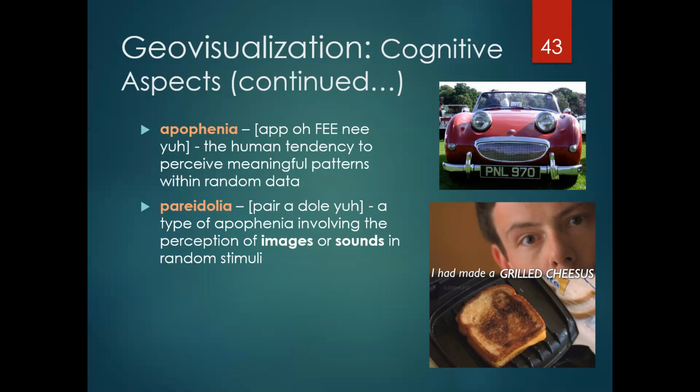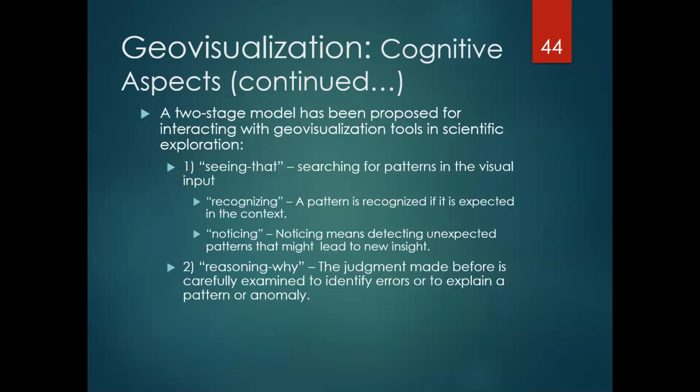to visualizations. You have to make sure that your visualization is not misleading them. That is not something you want. And we have this two-stage model for interacting with geovisualization tools in scientific exploration. When people are looking at a geovisualization, the first step is that they will always try to search for patterns in the visual input.